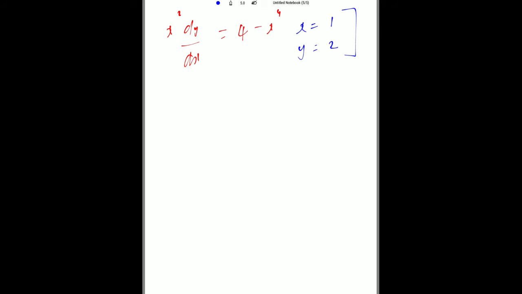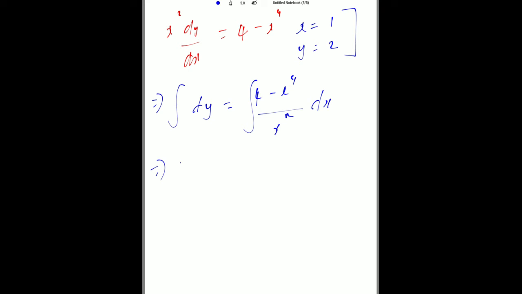So let's carry out our integration here. This is a variable separable problem. So what we would end up having is the integral of dy being equal to (4 minus x to the fourth) over x squared dx, and we're integrating that. So what does that leave us with?